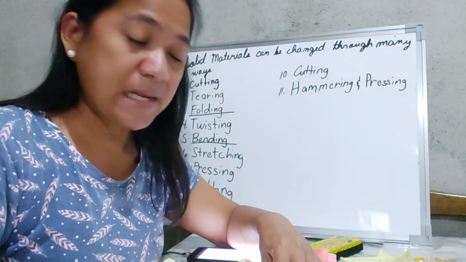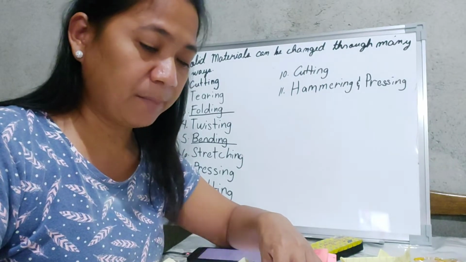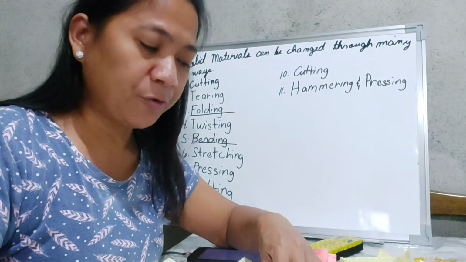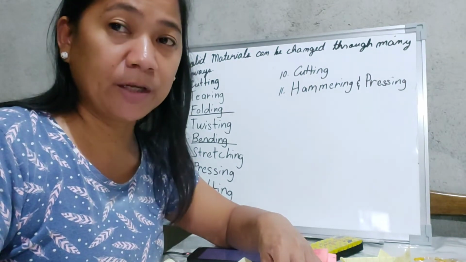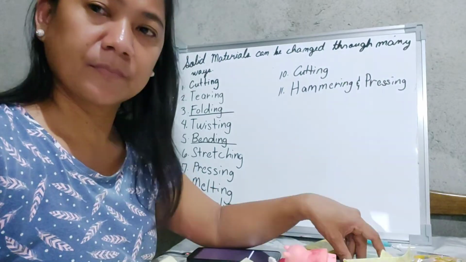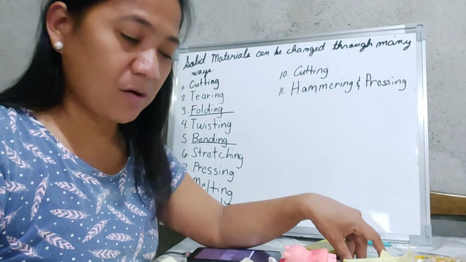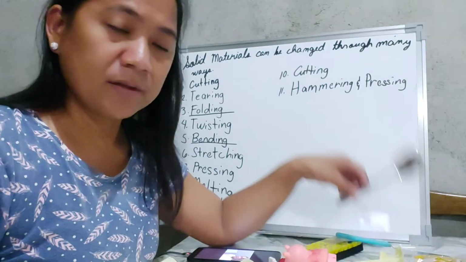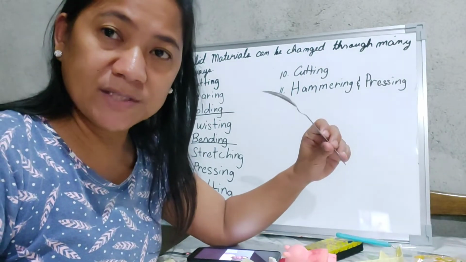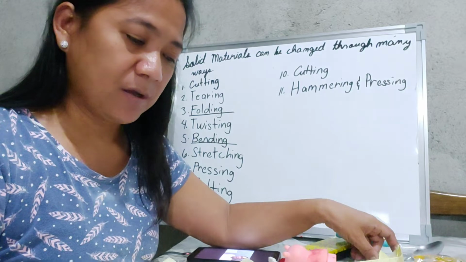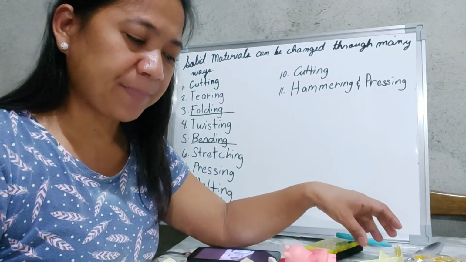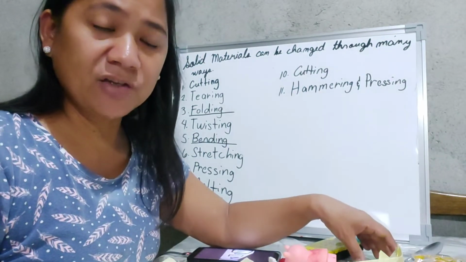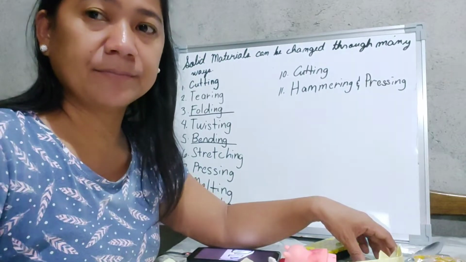Malleable is the ability of a material to be hammered, pressed, or rolled into thin sheets without breaking or cracking. Examples of malleable materials are copper, gold, and silver. Objects made of these can be formed into different shapes without breaking.